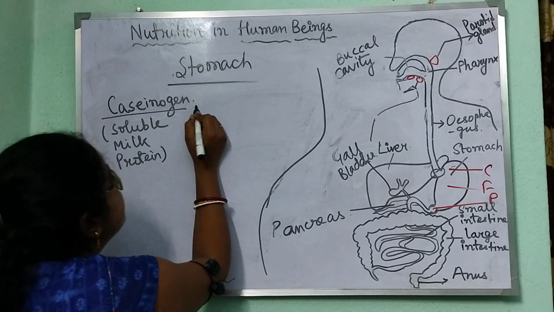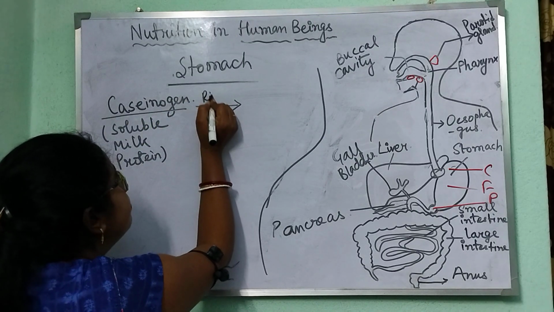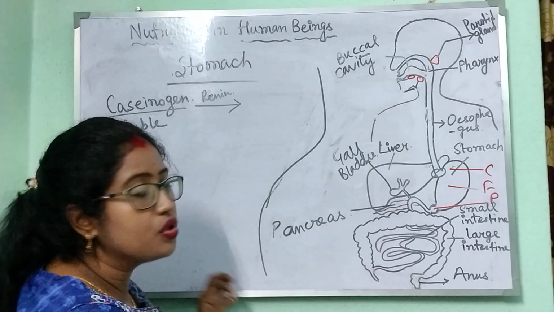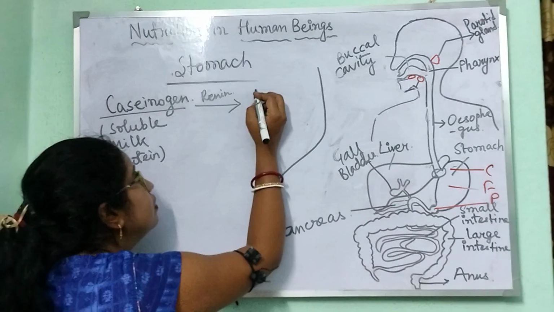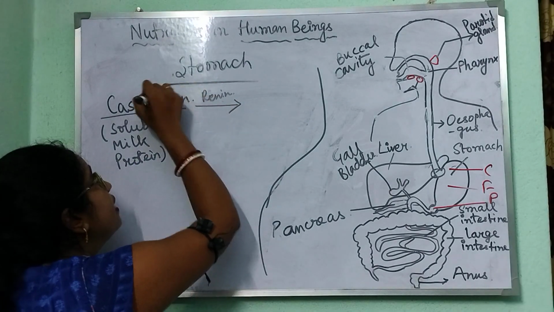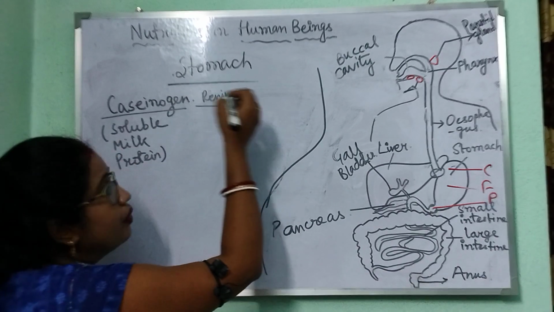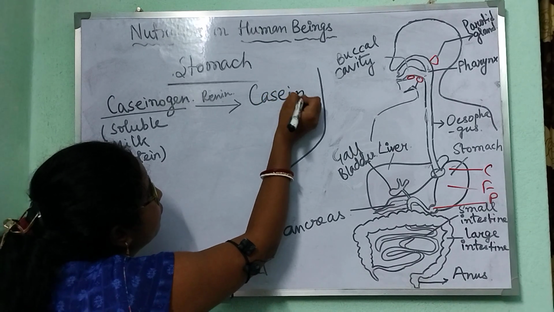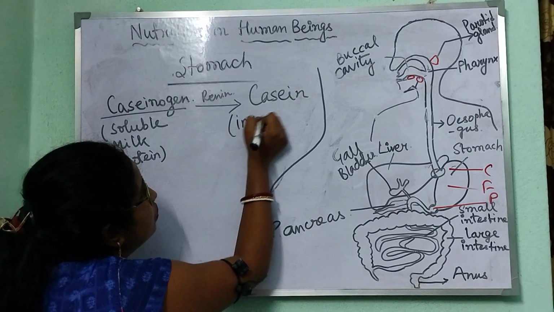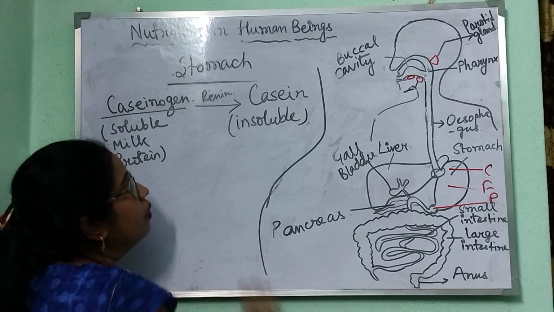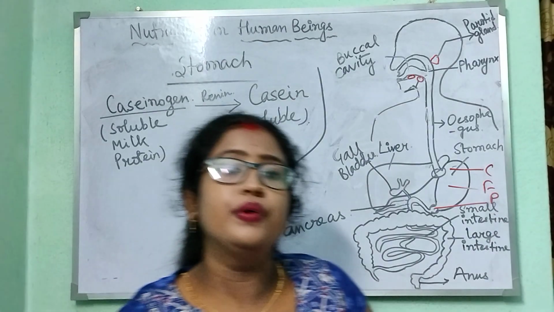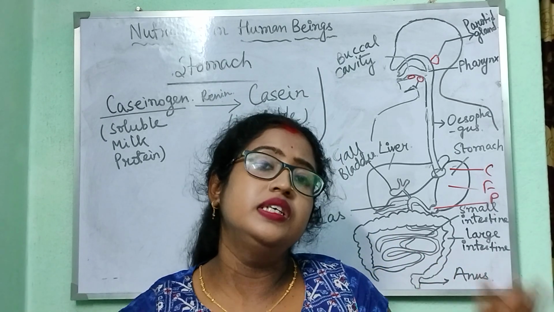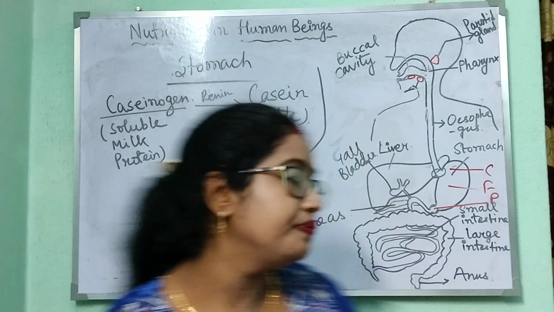So with the help of renin enzyme in the stomach, renin helps to break down caseinogen, or the soluble milk protein, into the insoluble form, casein. Casein is the insoluble form of milk protein, so that the milk protein stays longer in the stomach for the digestion process.